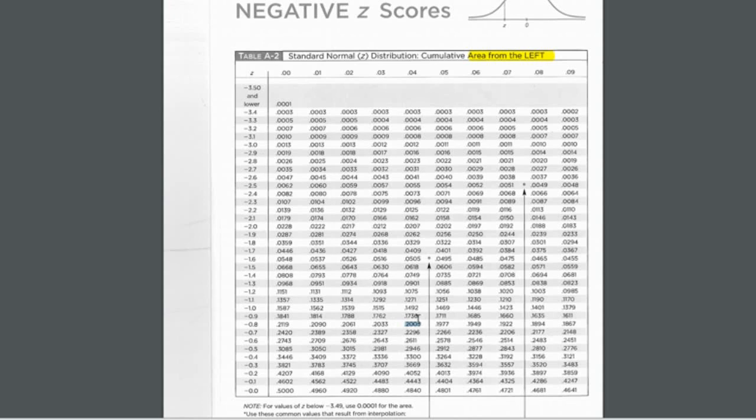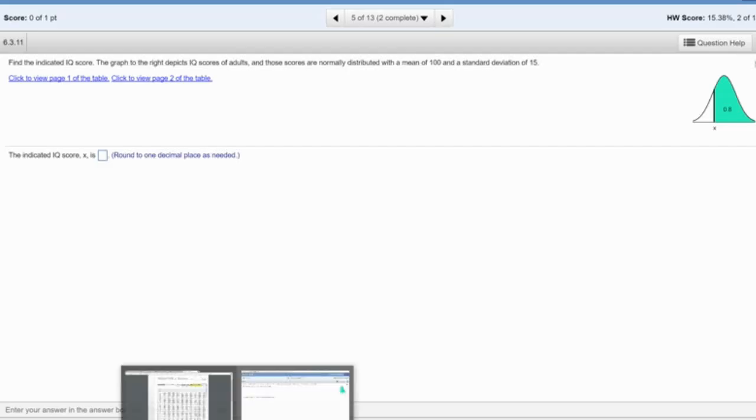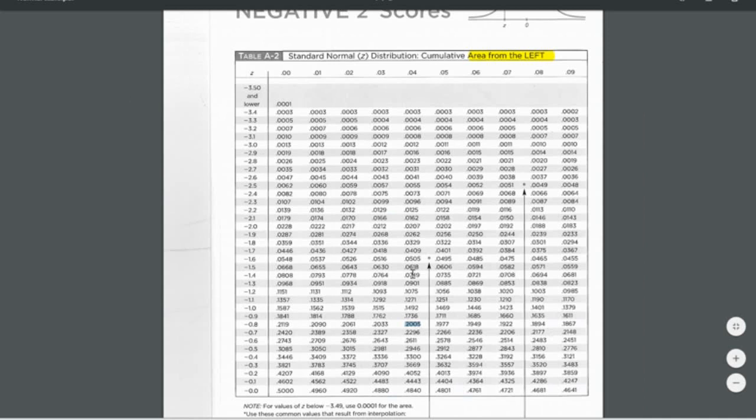You will notice this is the closest number to 0.2, so we're going to pick the Z value of this area. What is the Z value of that area? This number is on the negative 0.8 row and the 0.04 column, so the Z value is negative 0.84. Let's double check it. Yes, negative 0.84. All right, great.